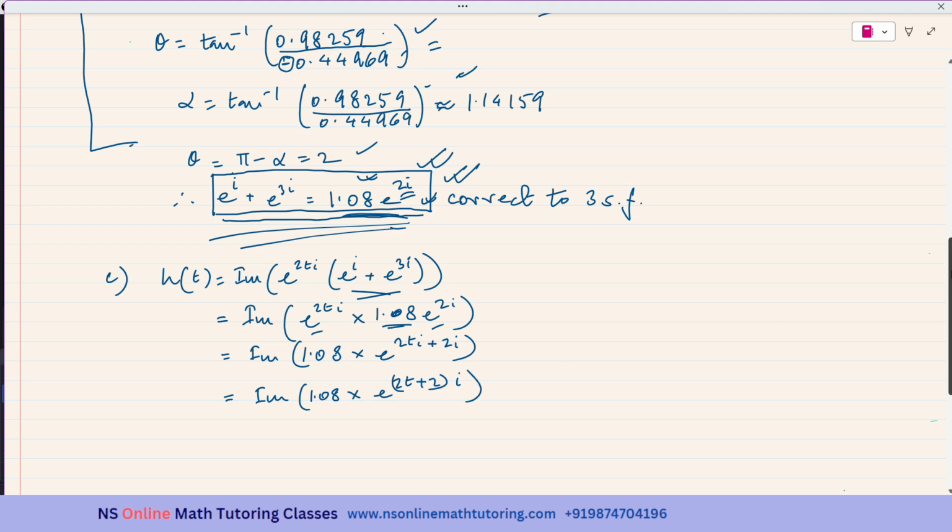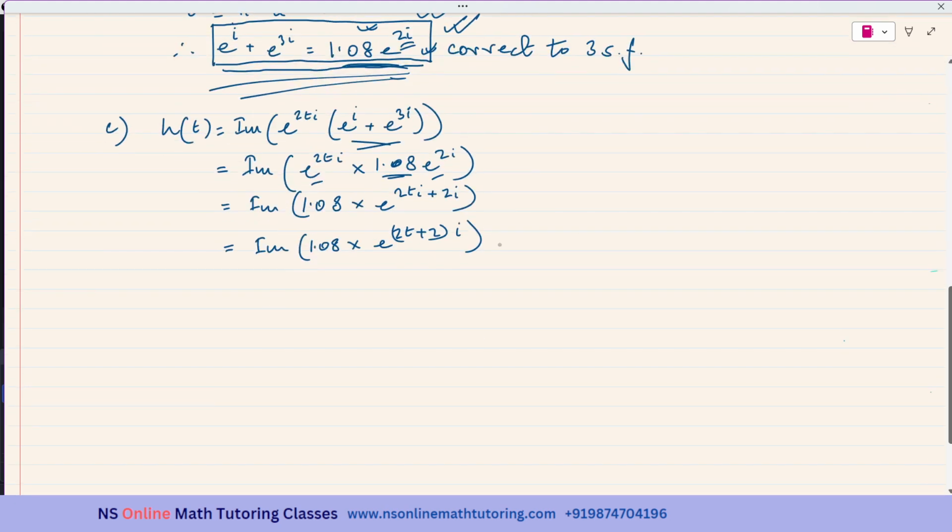And what is e to the power of i(2t plus 2)? This is equal to cos(2t plus 2) plus i sin(2t plus 2).